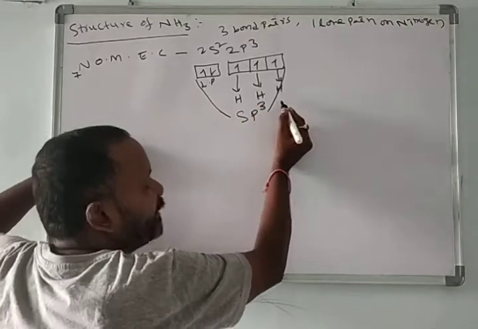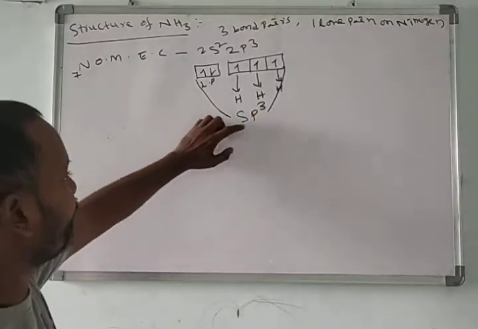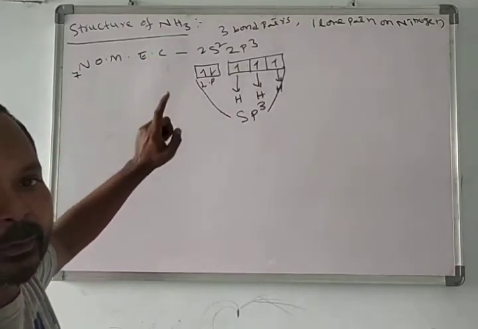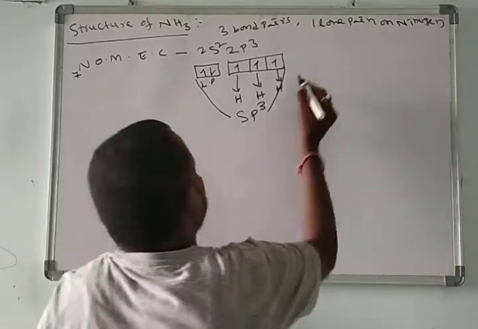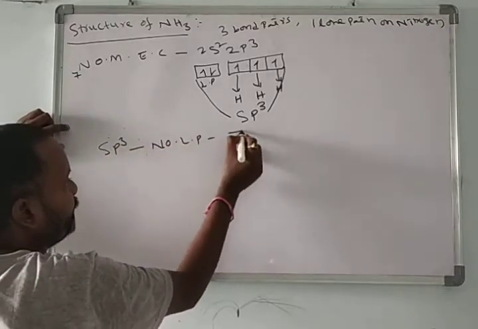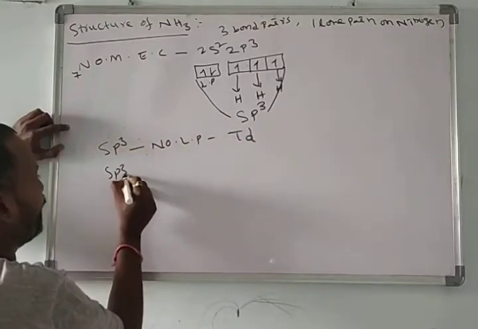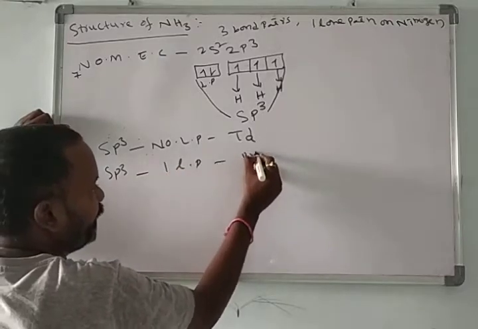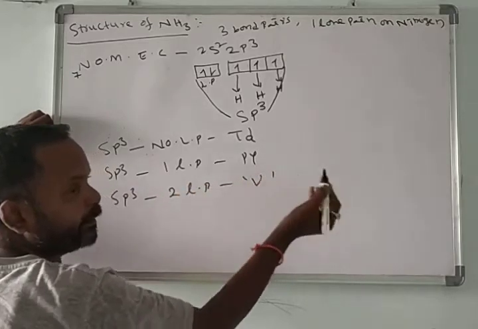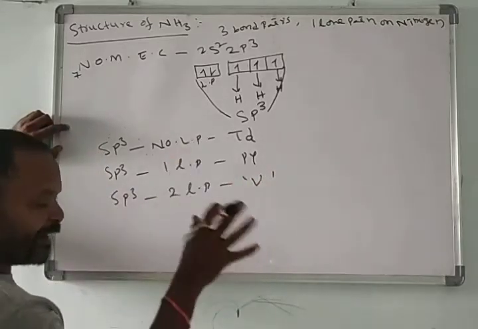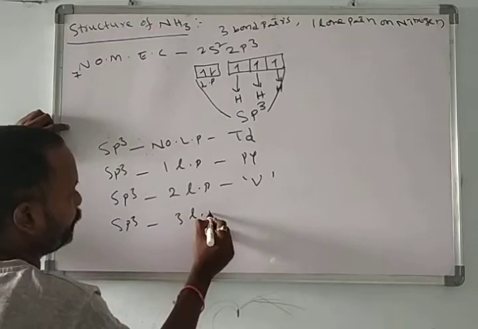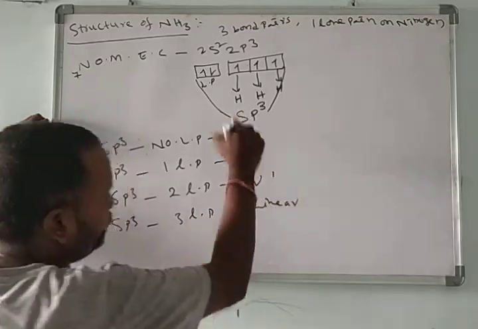What is the hybridization here? sp3 hybridization. sp3 hybridization, no lone pairs, tetrahedral structure. sp3 hybridization, 1 lone pair, pyramidal structure. sp3 hybridization, 2 lone pairs, V shape, angular shape. sp3 hybridization, 3 lone pairs, linear structure. These are the shapes.